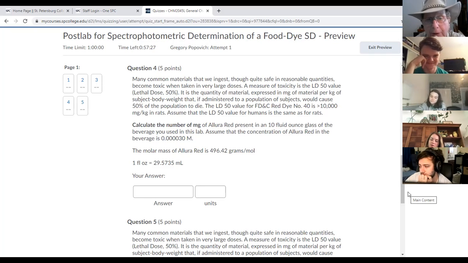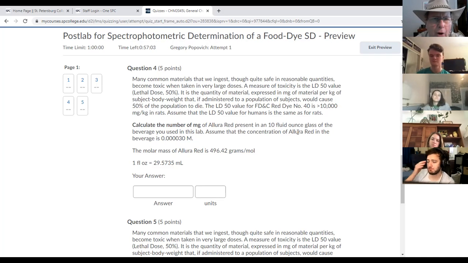So, because of that fact, we have to extrapolate our data from rats. And when 50% of the rat population dies, there's an assumption that 50% of the human population would die as well. So what you are doing here is you are doing a dimensional analysis problem here.